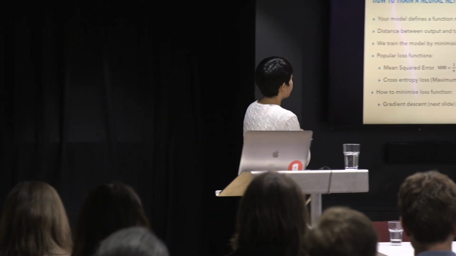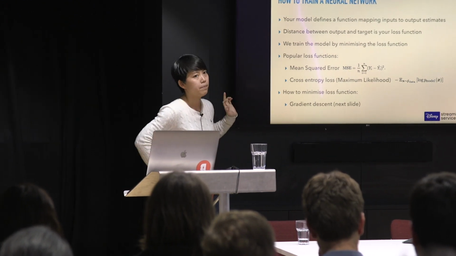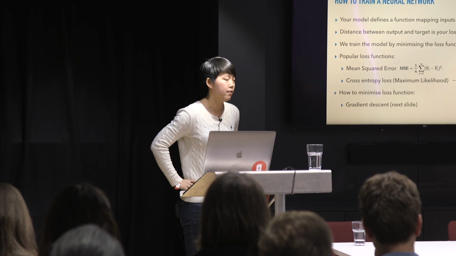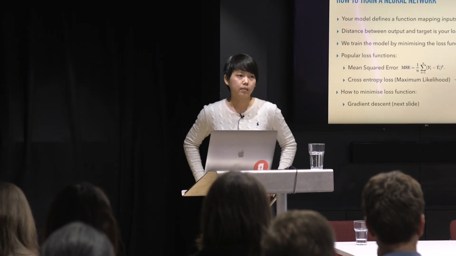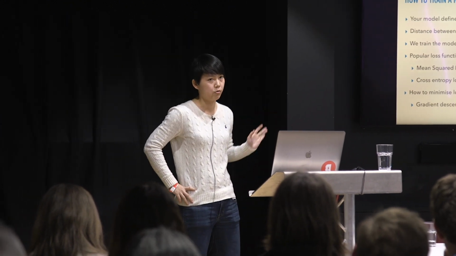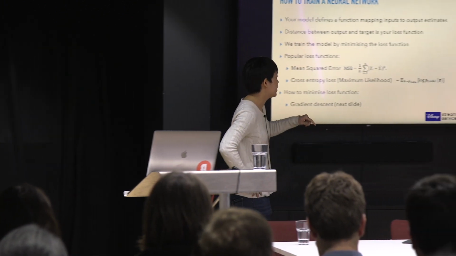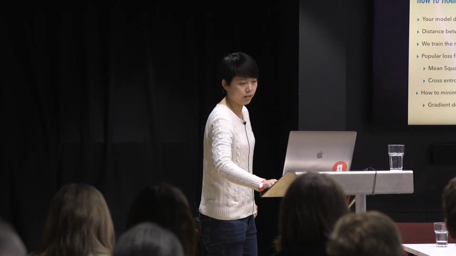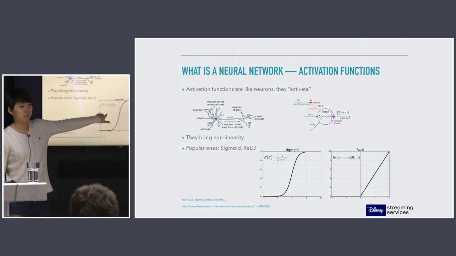The main two types of loss functions: one is mean squared error, which is really popular in classical supervised learning methods. The other is cross entropy loss, which is really just maximum likelihood. This one is more popular in neural networks. I can intuitively explain why: there is a log here, and if you go back to the activation function, a lot of times we'll have an exponential there.